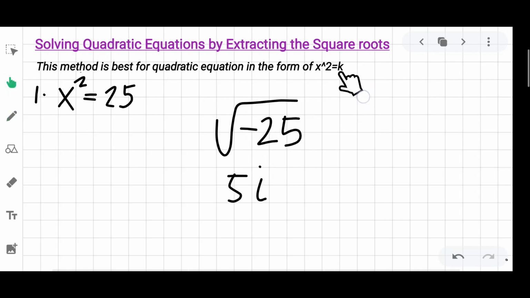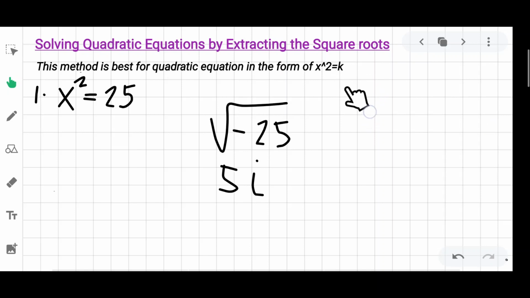Kasi po, dapat ang value ng k must be greater than or equal to 0 para magkaroon ng sagot na real roots. Since negative siya, hindi natin makukuha ang square root ng negative 25 kasi hindi naman siya pwedeng maging 5 times 5 kasi 5 times 5 is not negative 25. The same thing as negative 5 times negative 5 is not negative 25. Kaya ang magiging sagot ay 5i, which is imaginary numbers. Kaya hindi pwede ang negative na ini-square root.